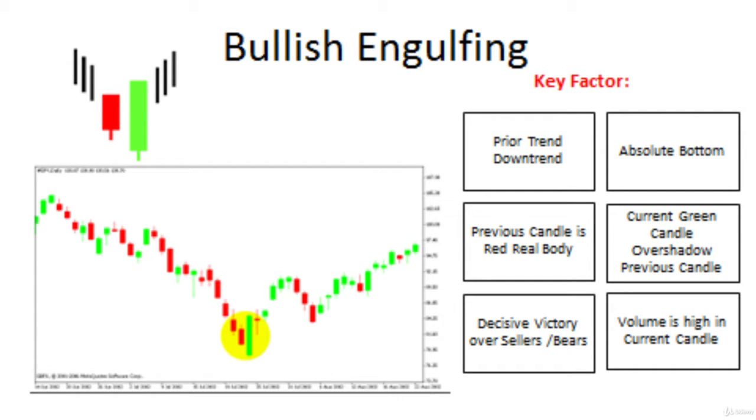The first candle is a red real body candle, and the next candle is a big green real body, which overshadows or completely covers the previous candle's real body. This pattern is considered to be the bullish engulfing.